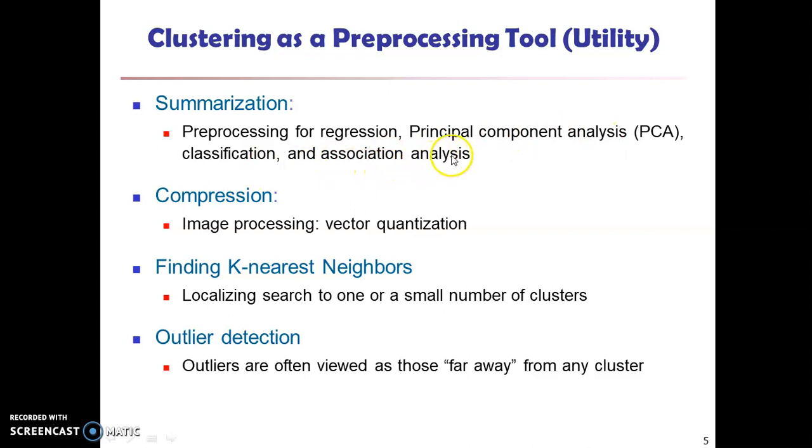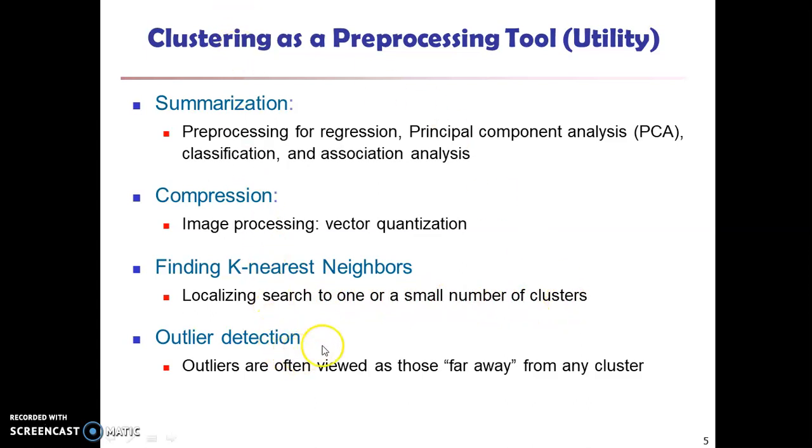For these processes, clustering will be used as a summarization tool. And compression: in image processing, for vector quantization, we use clustering. And for finding k nearest neighbors, localizing search to one or a small number of clusters, we use clustering approaches.